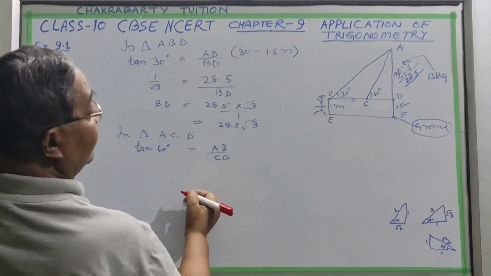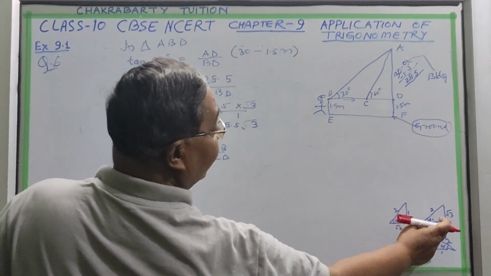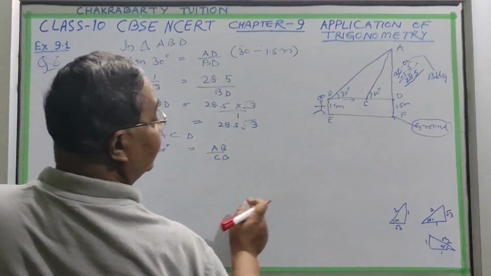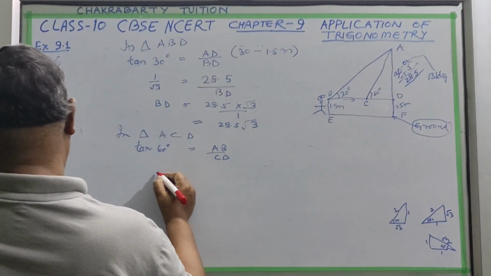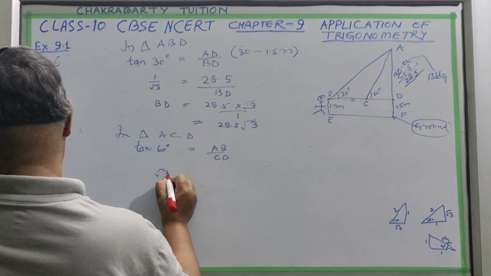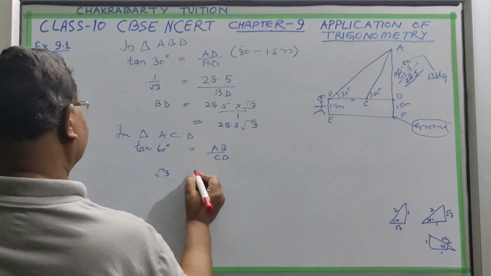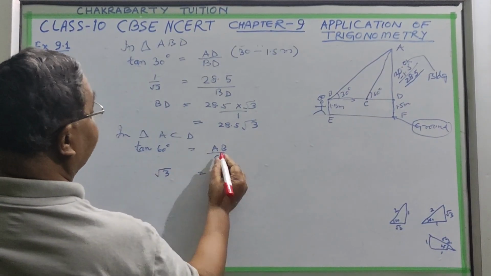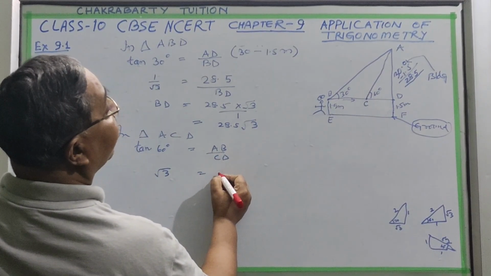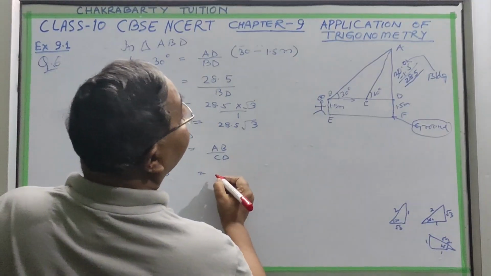Tan 60 will be √3 by 1, so tan 60 is √3.